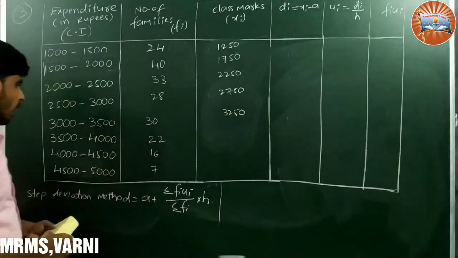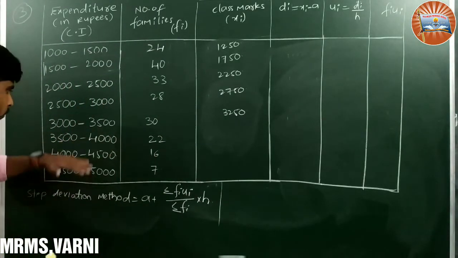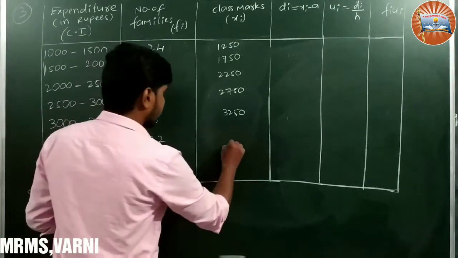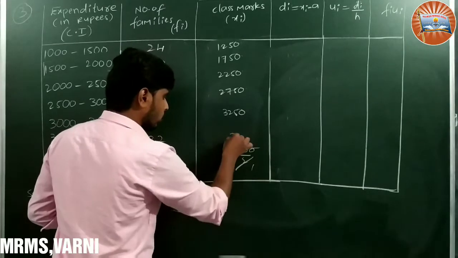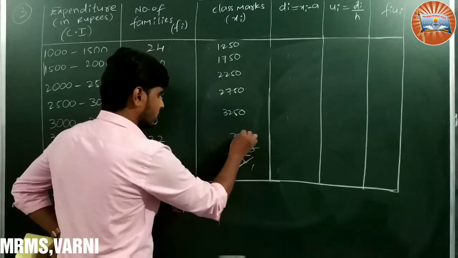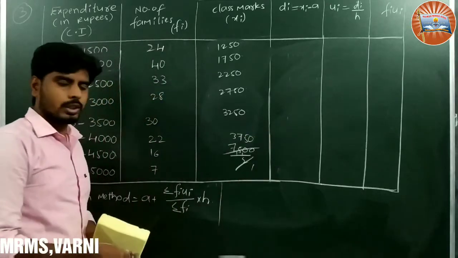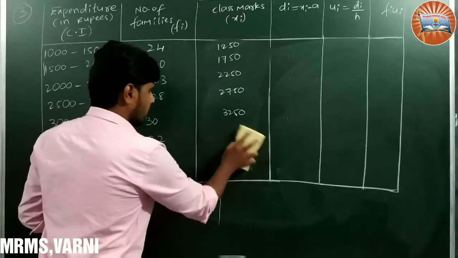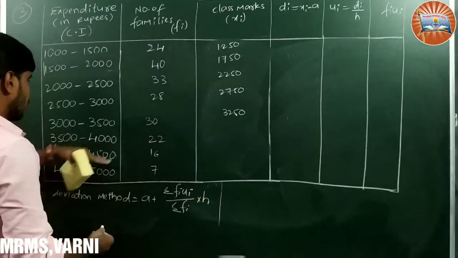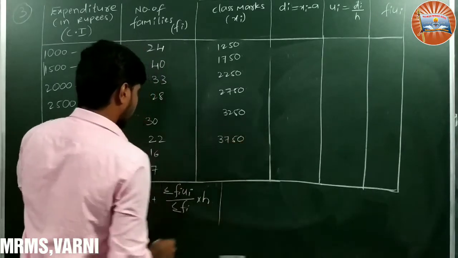Next, coming to this, 3500 plus 4000 by 2, 7500 by 2. 2 threes are 6, 1 carry, 2 sevens are 14, 2 fives are 10. 3750. Okay. Now class mark for this is 3750.